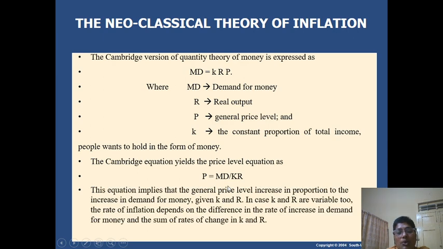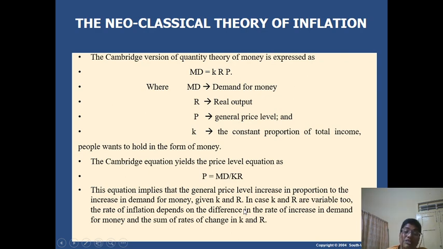This equation implies that the general price level increases in proportion to the increase in demand for money, given k and R. In case k and R are variable too, inflation depends upon the difference between the rate of increase in the demand for money and the sum of the rates of change in k and R.